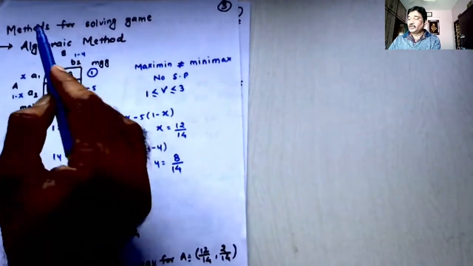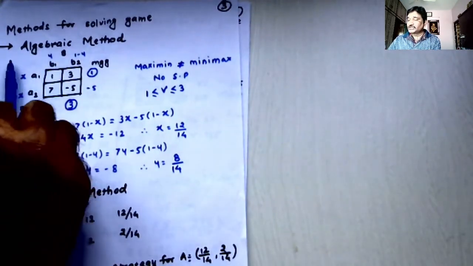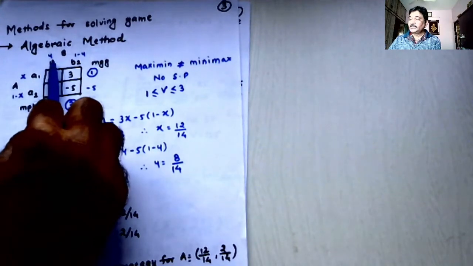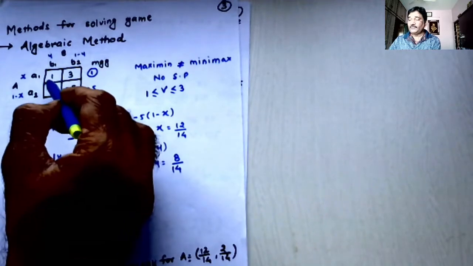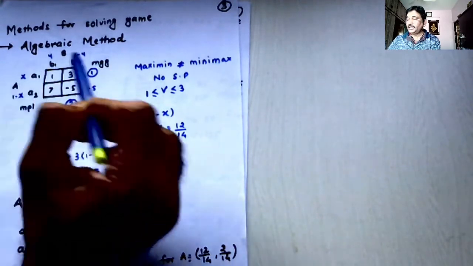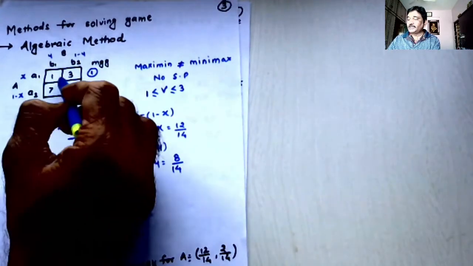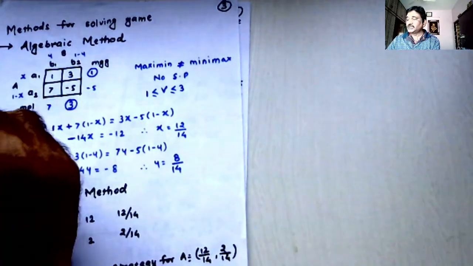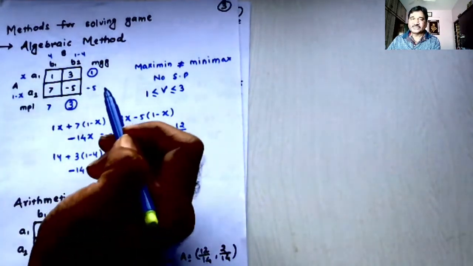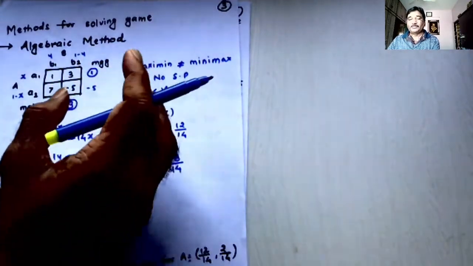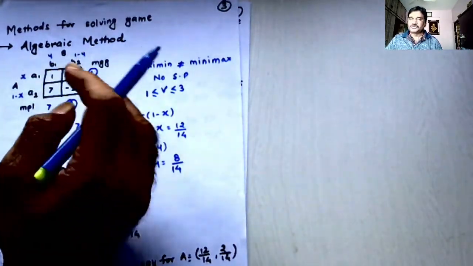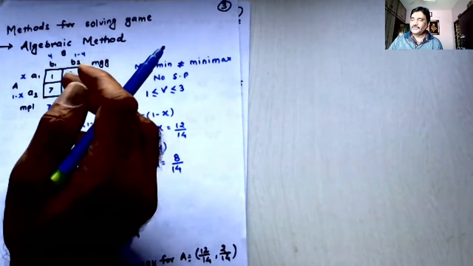Game value will be the proportions multiplied by the payoffs if player B plays B1, for example, 12 by 14 multiplied by 1 plus 2 by 14 multiplied by 7. So that comes out to be equal to 26 by 14. So the game value is 26 by 14.